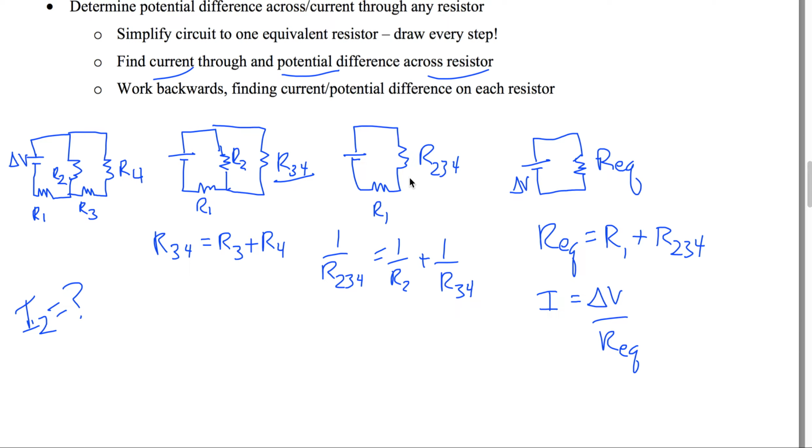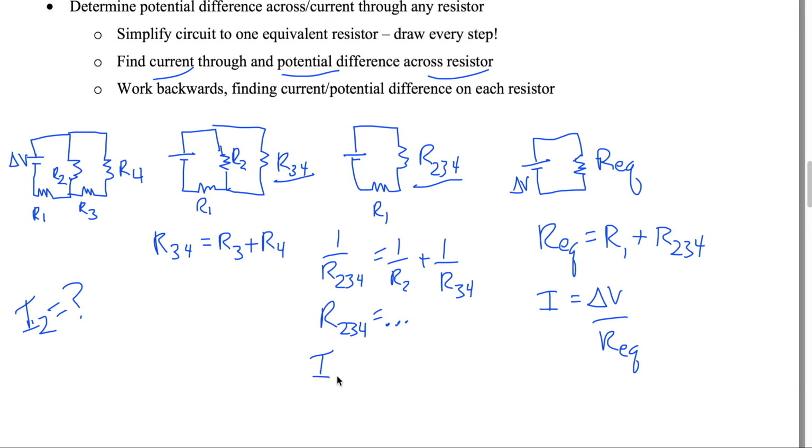Then you go back a step, and we're looking at R234 because that will get us back to R2. So what do we know about R234? We found some kind of number for R234 previously, so find I and delta V. We know these two were in series to get this one, so the current through this one must be the same as the current through here.